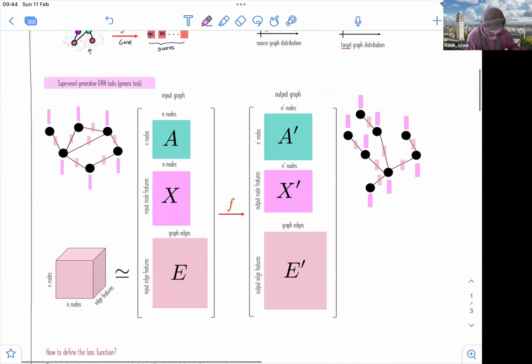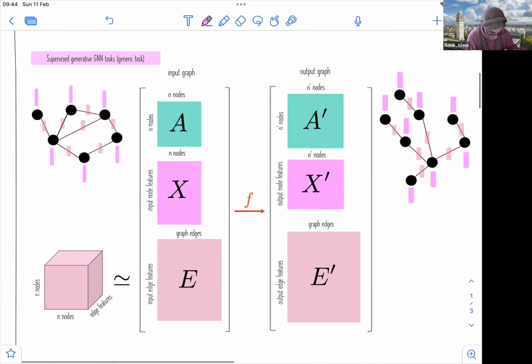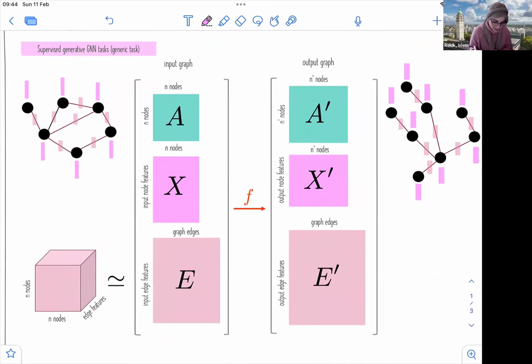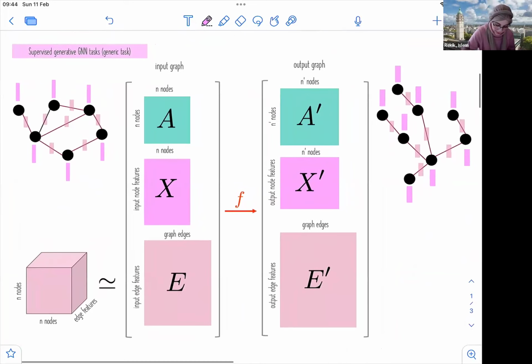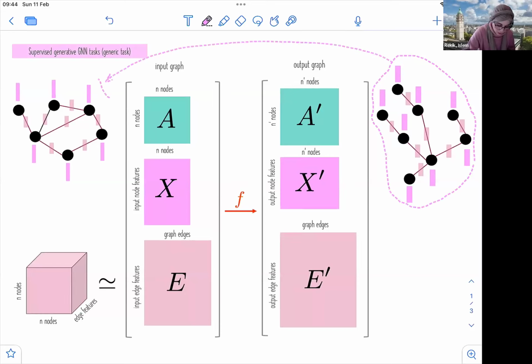Okay, so first let's start with the supervised generative GNN tasks. And here, of course, supervised means that we do have the target graph, okay? So we know that this graph here corresponds to the source graph, which is in the input space. So we have two spaces here.